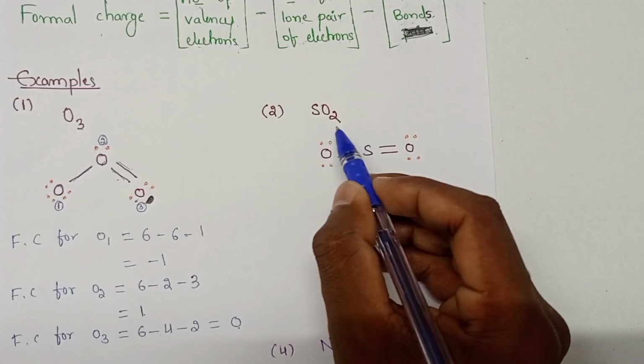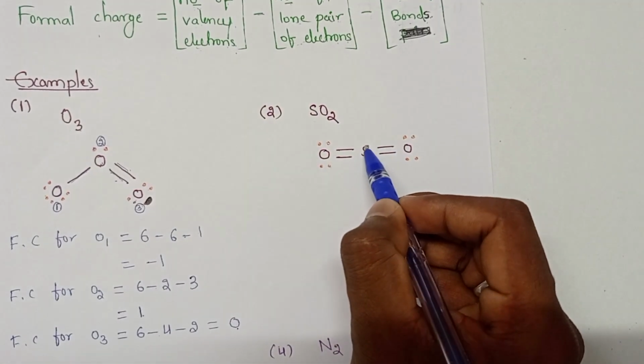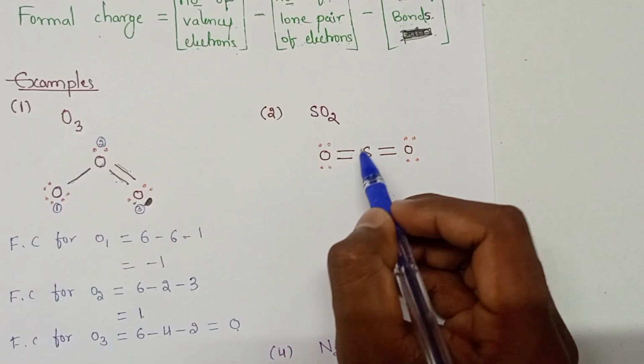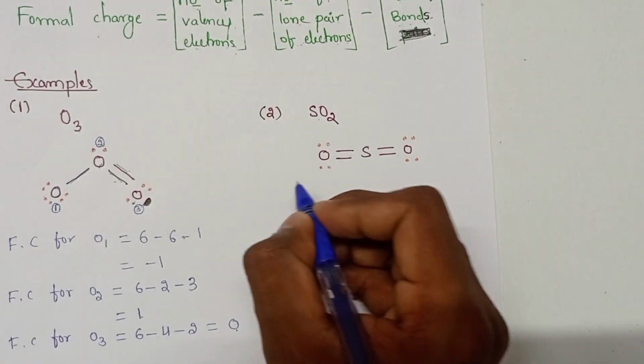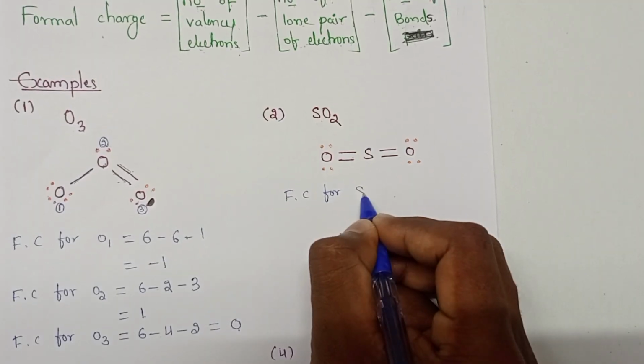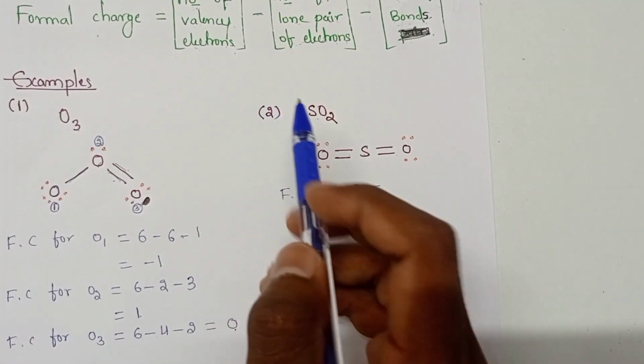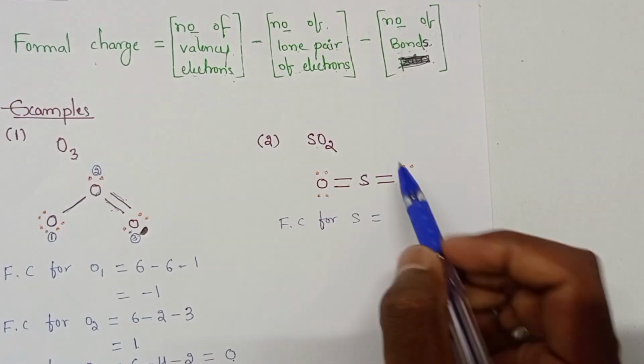Take another example, SO2. First we write the Lewis dot structure. This is the Lewis dot structure of the SO2 molecule. I will calculate the formal charge for sulfur. The formal charge of this sulfur is equal to the number of valence electrons, how many?